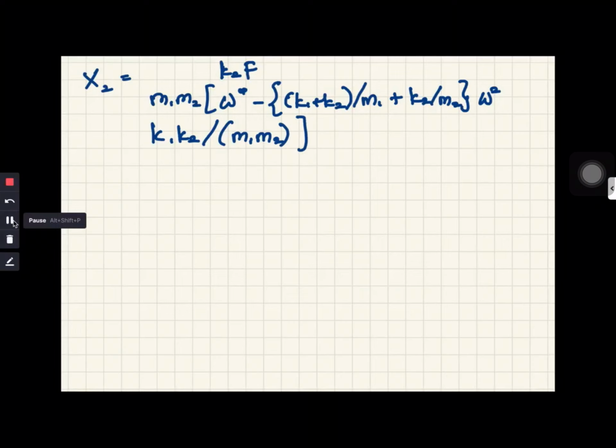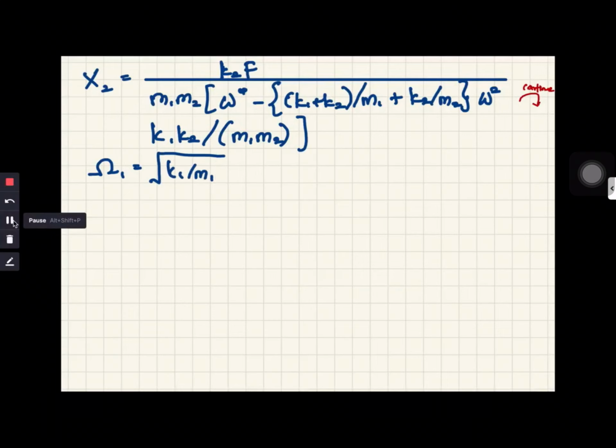Now with these two equations we can assume capital omega 1 is equal to k1 over m1, and then capital omega 2 will be k2 over m2, and our static deflection will be F over k1.